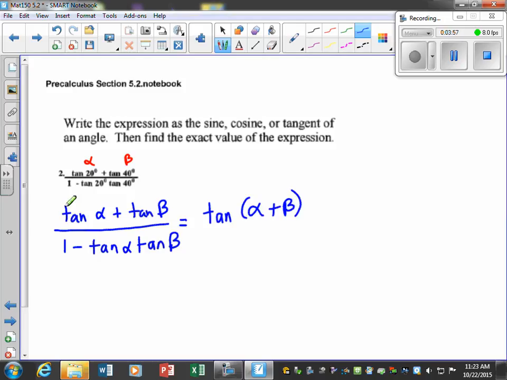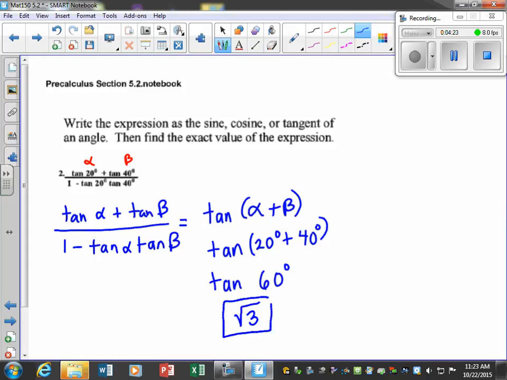We identified that this matches our given problem, with alpha 20 degrees and beta 40 degrees. So when we simplify this, what is the tangent of 60 degrees? It simplifies to the square root of 3. At this point, you go to your unit circle and evaluate your tangent, which is your sine over your cosine, and then simplify it.